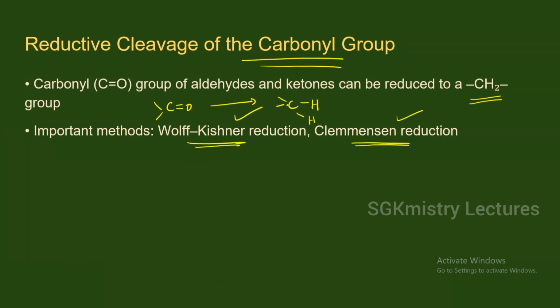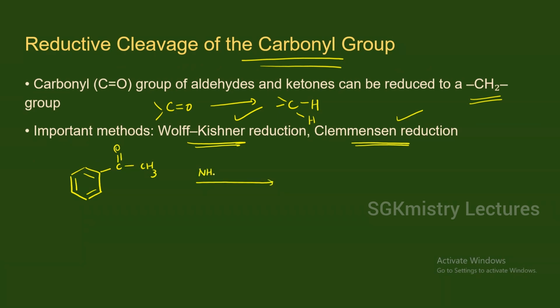The direct conversion of the carbonyl group to the alkane. Here the aldehydes or ketones will be converted to the CH2 group, and by this method, Wolff-Kishner or Clemmensen reduction can be done. The only difference is with respect to the conditions maintained in the reaction. So let us take the example CO, CH3.